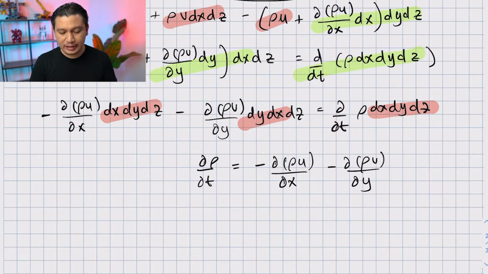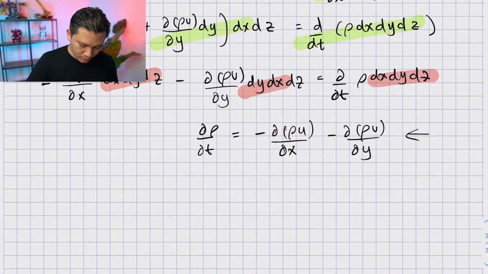We know that we only used two dimensions to come up with this equation. But imagine what happens to this equation if we have three dimensions, which is x, y, and z. So you will ultimately have u, v, and w as the velocity components. So I'm going to add the z dimension.